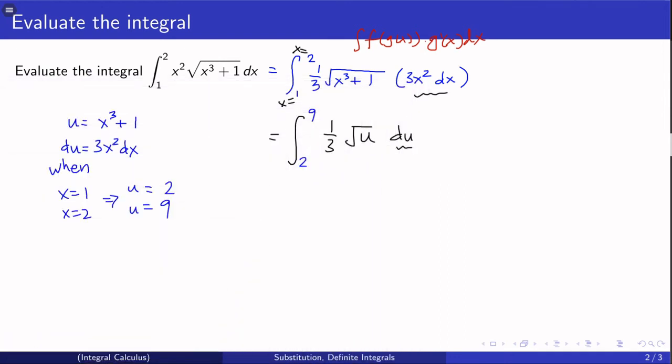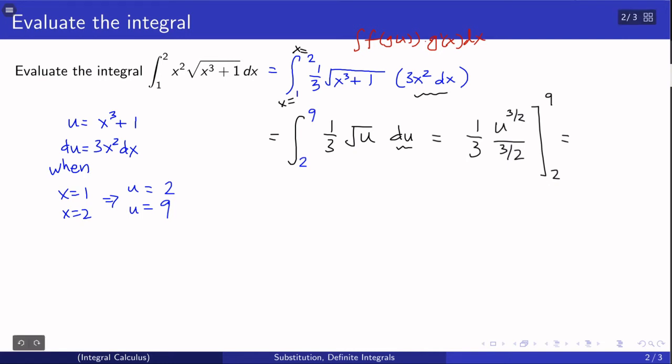And so now I can go ahead and integrate. This is therefore equal to 1/3 times u to the 1/2, so that becomes u to the 3/2, and you divide by 3/2 as well. We don't need to say plus c, because we're evaluating it at u equals 2 and u equals 9 and subtracting.